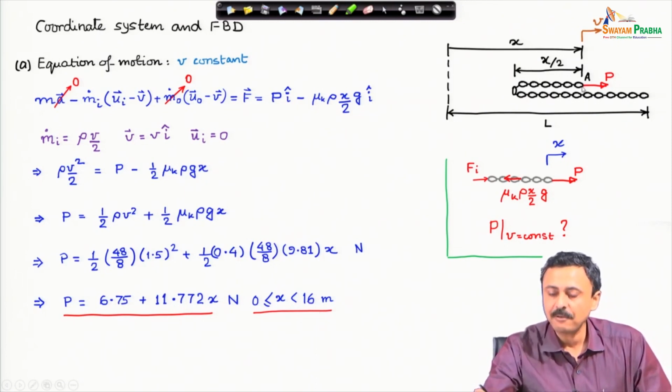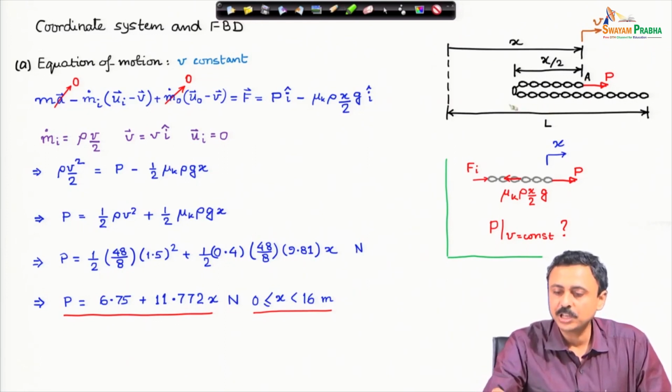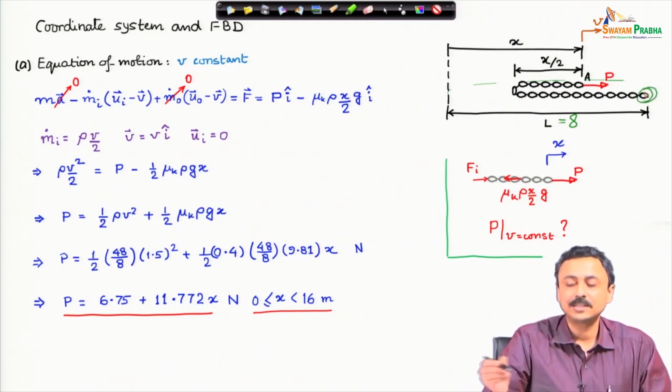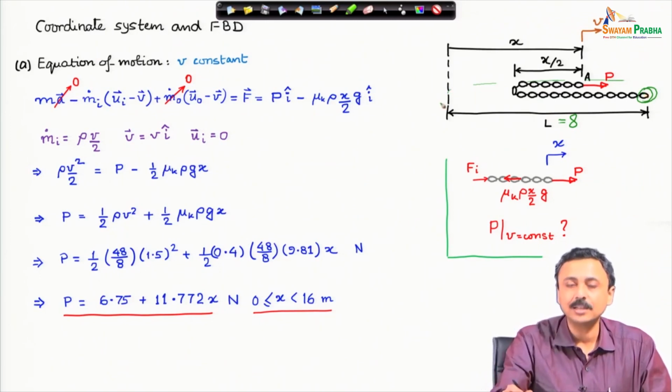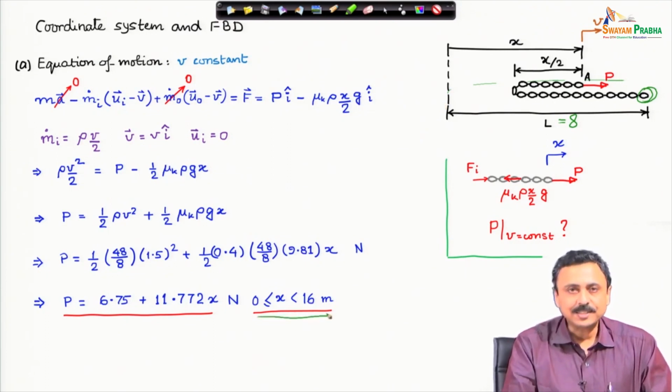Because remember, this whole chain was of length 8 meter, and a will move from 0 to the point where this last link gets added. Therefore, the whole displacement of a from its starting position will be 16 meter. Therefore, x goes from 0 to 16. Just at 16, the last link is added, and after that there is no mass addition.